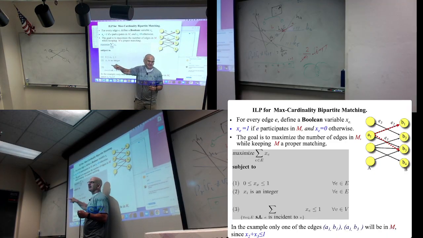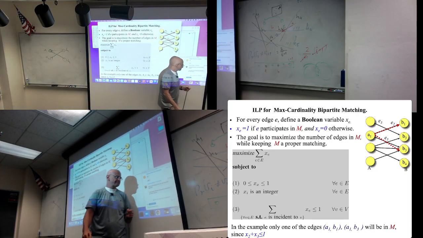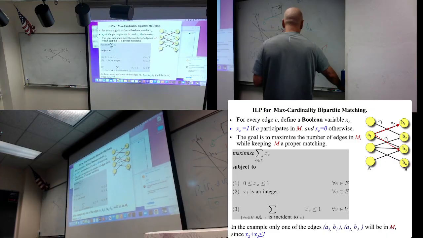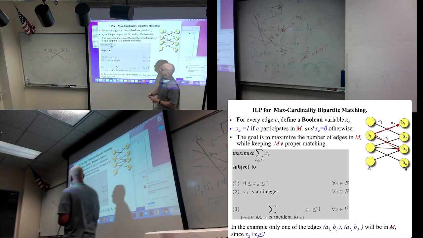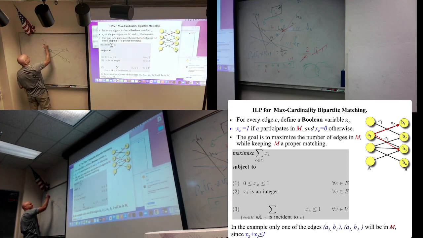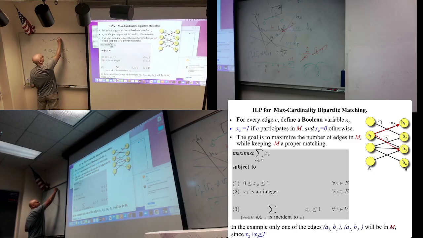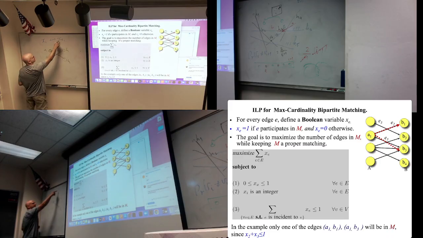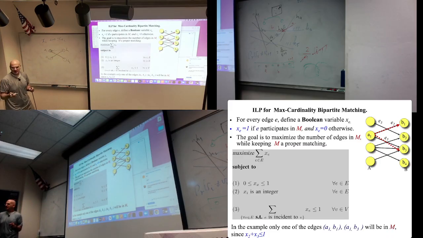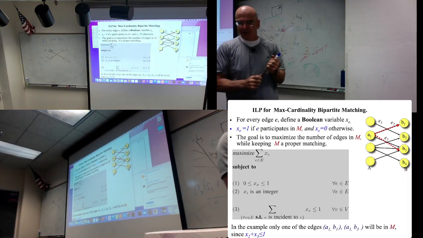It's x of ei to be precise, but then it would force me to write tedious sub-indices. xi is a shorthand for x of ei, and it's just the variable that I'm using to tell me if the edge ei is in the matching or not.